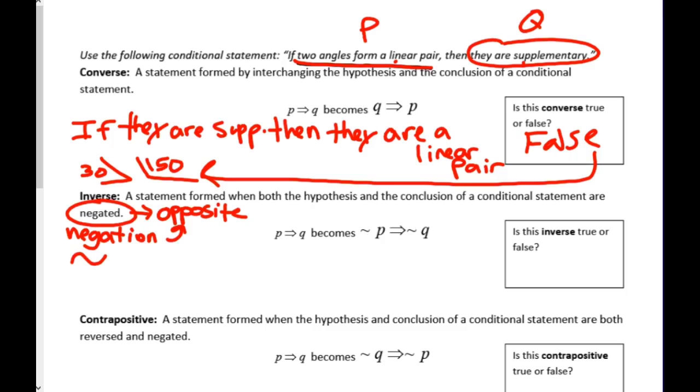I don't mind if you call it a squiggle, but squiggle P, arrow, squiggle Q. Now, what does the squiggle mean? What do you think? Negation, right? All it means is not. Or opposite, or negation, whatever, okay? So I'm going to say not P implies not Q.